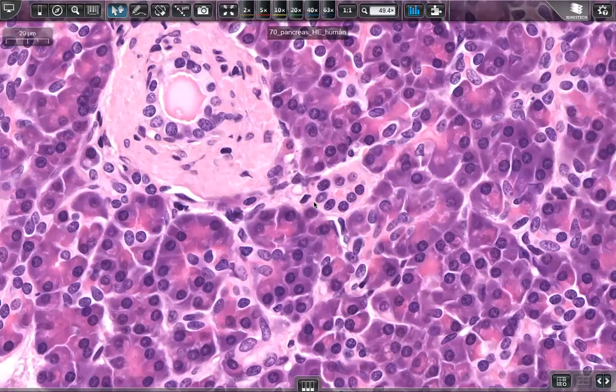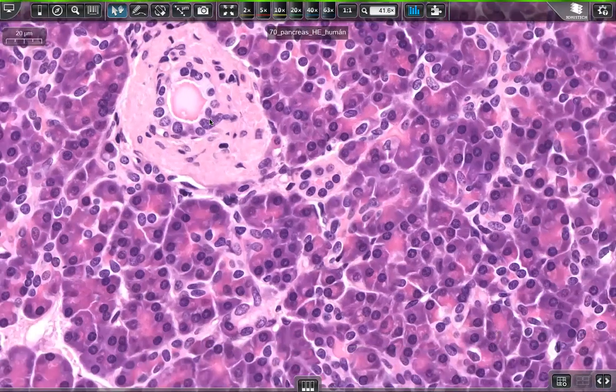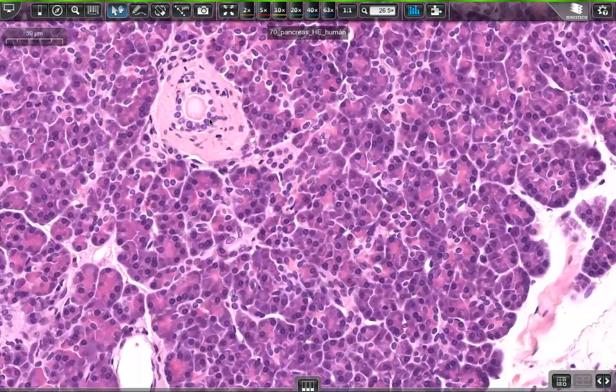So the intercalated is also one of the intralobular ducts, but they bear a specific name. But the bigger ones in the pancreas, because it's a classification matter, we cannot say that they are striated ducts. Therefore, we can just say intralobular ducts. But it's not a specific name. The other intralobular ducts are bigger.